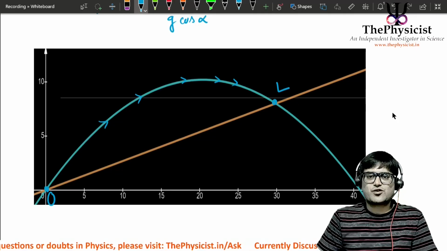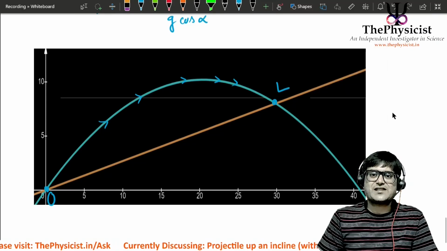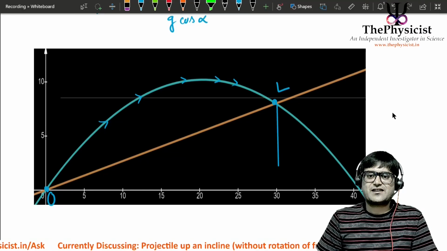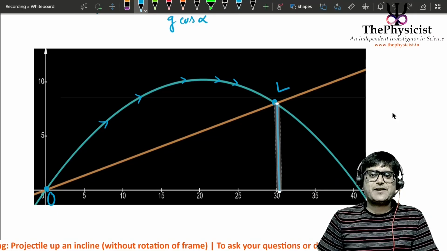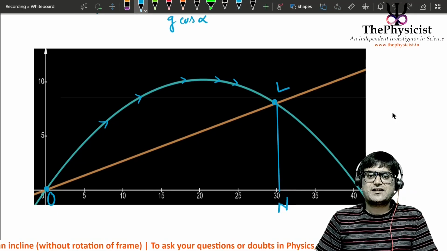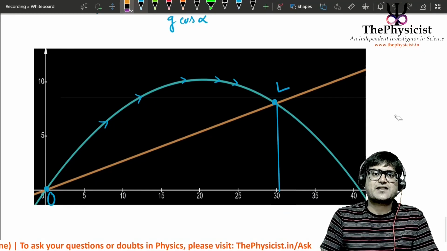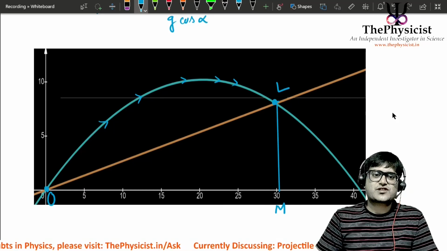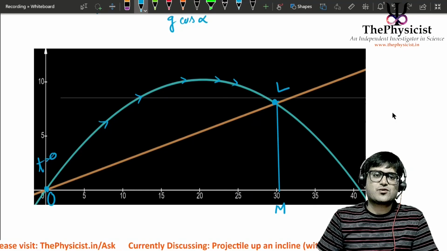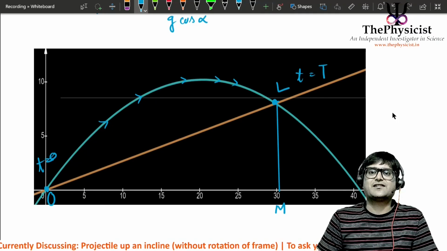So from O to the point L, it might be moving in a parabola, but once it reaches L, all of its motion ceases. So starting from t equals 0, when it reaches L, that time would be the time of flight.